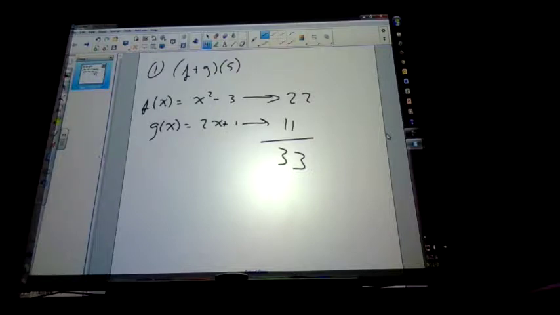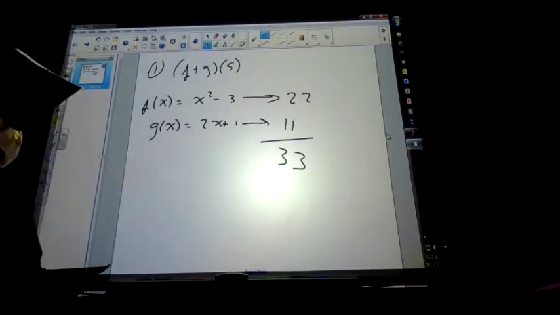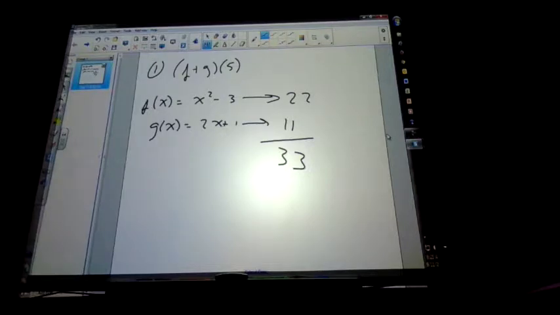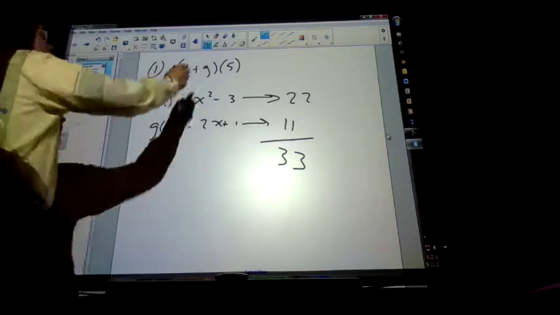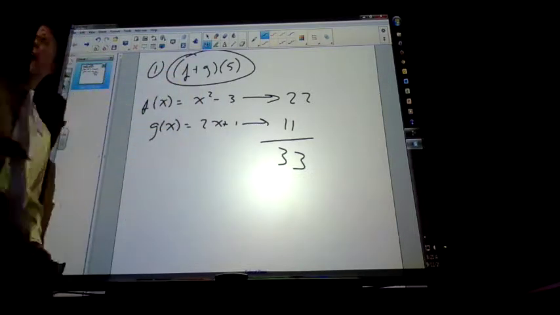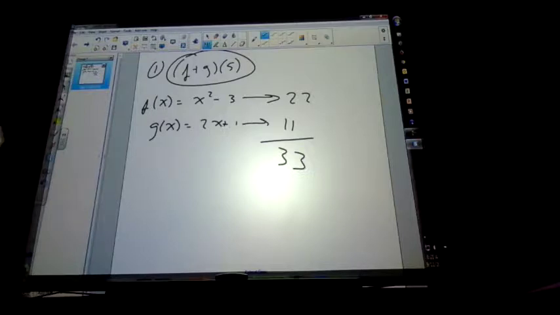Sorry. All right. So problem number 2, number 3, number 4, number 5 are all done the exact same way, all the way through number 10, which I was supposed to have given you. And then 11 through 16 are going to be done the same way. If you are asked to either add, subtract, multiply, or divide them, you're plugging a number into each of the equations, and then doing what it's asked above.